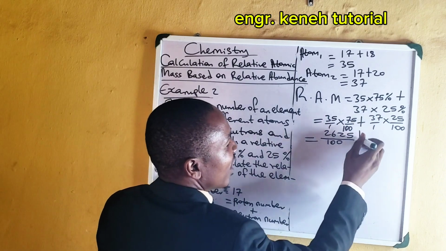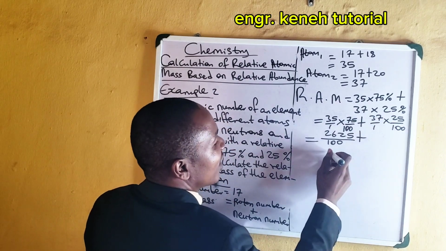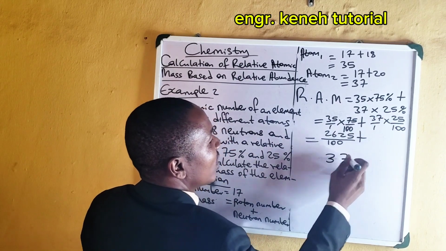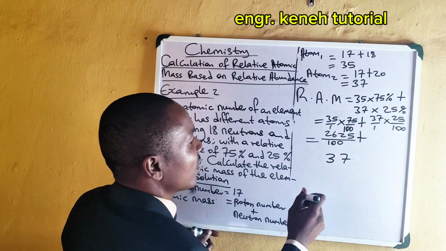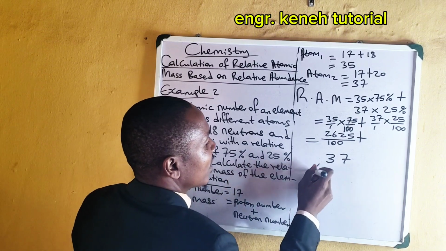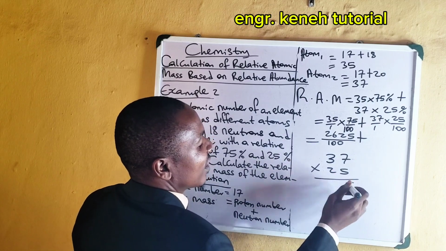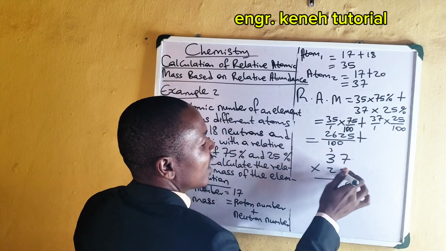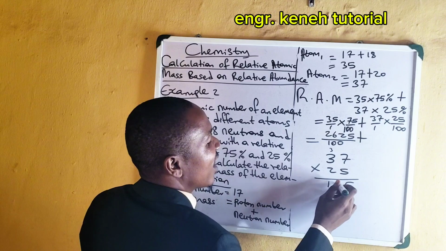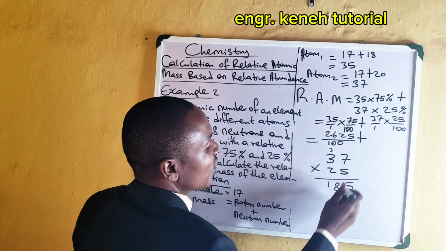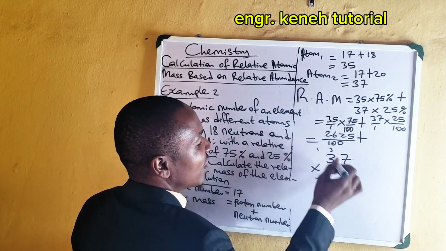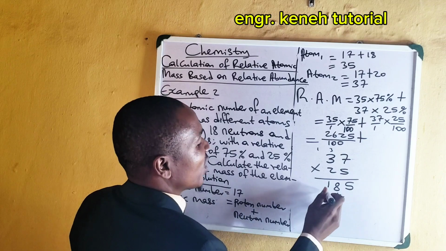Next one I have is 37 times 25. All right, so I have this one times 25. This time this will give me 35. Write 5 carry 3. This time this will give me 15 plus 3. I have 18 like this. This time this will give me 14. I write this carry 1. This time this will give me 6 plus 1. I have 7 like this.